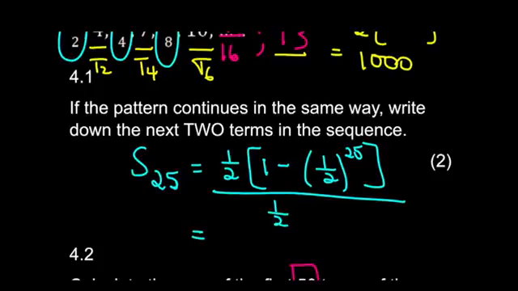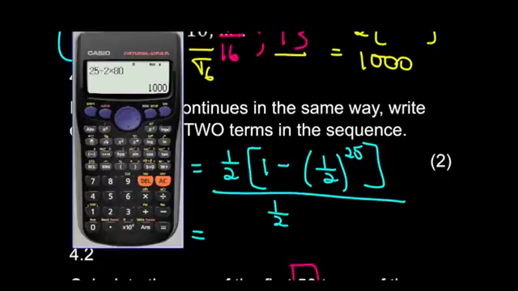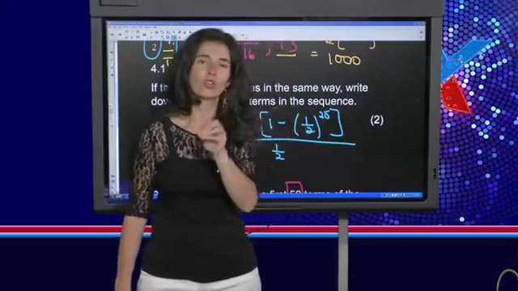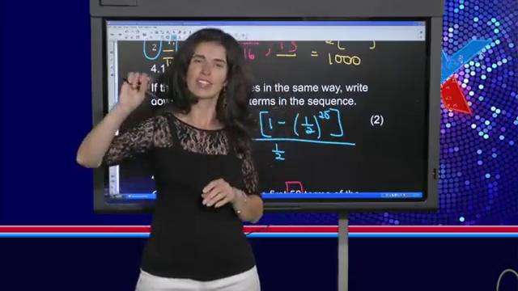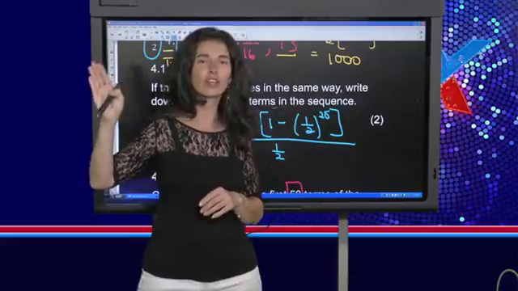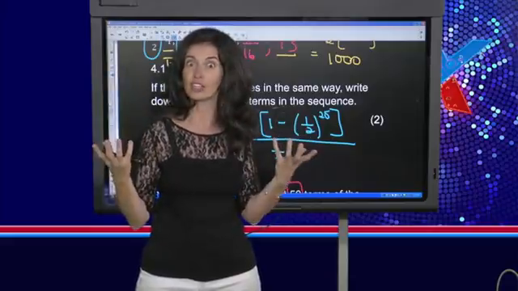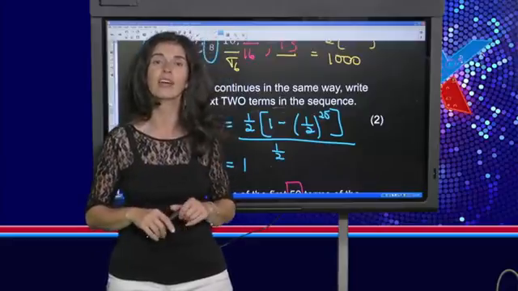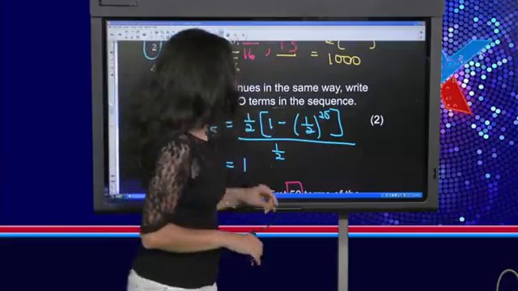It would be 1 comma something. 1 minus 0.5 to the power of 25. So it would be about 1. Because that half, a quarter, eighth, that fraction is getting tinier and tinier, so it's getting closer and closer to 0, so it's becoming a negligible number that you're actually adding. So the sum total of those two sequences would be 1001.